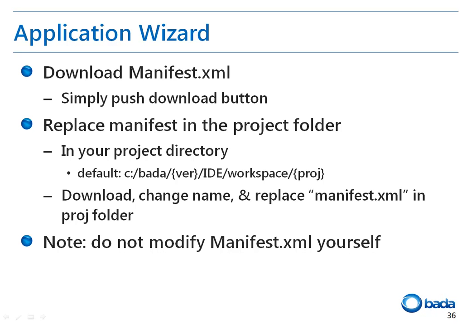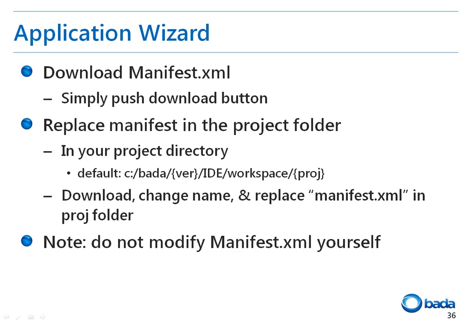Now, let's see how we can add the manifest to the project. The first thing to do is to find the location of the actual project. In general, the project folder is created by default in the Drive C-Bada, Bada API version number, IDE, workspace folder, unless you've changed this setting.